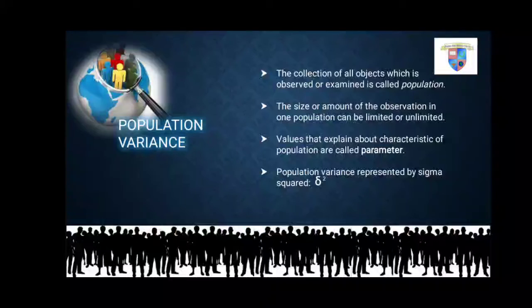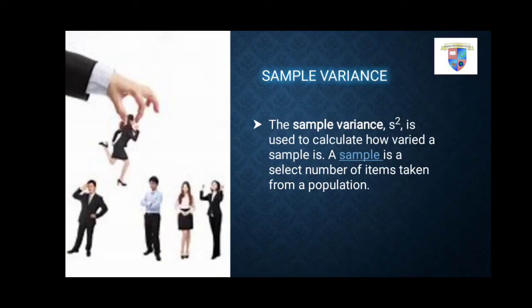And the values that explain the characteristic of a population are called parameters. Population variance is represented by sigma squared. So the symbol of sigma is that one. Let's proceed.